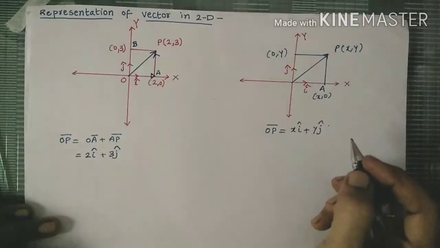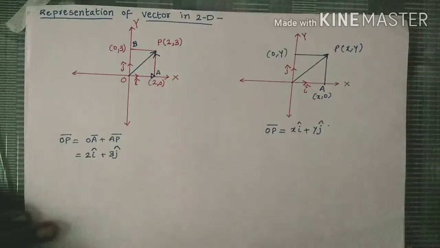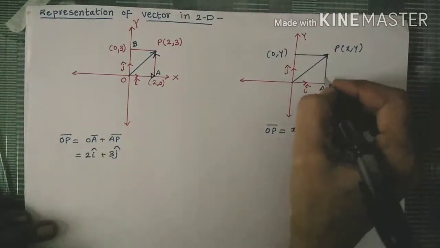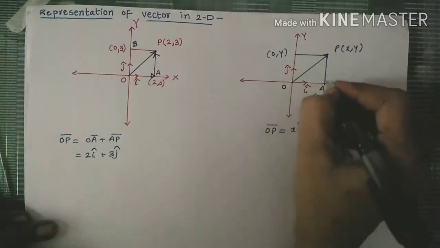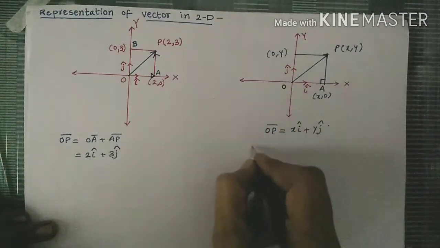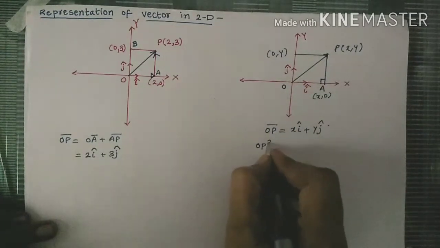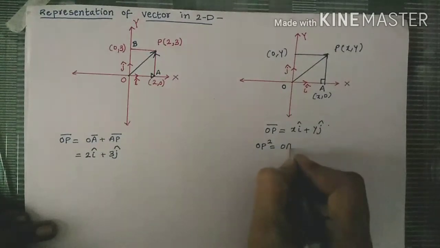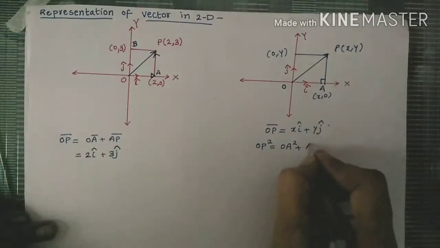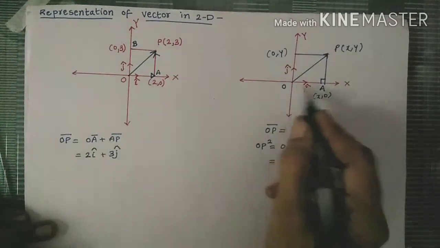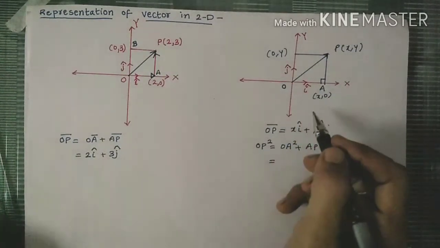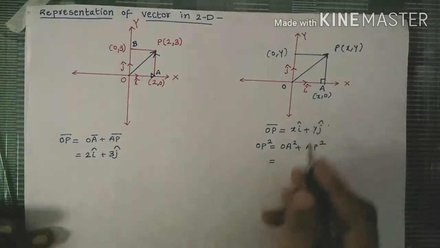Now let's find out magnitude of OP as well. Now this triangle PAO is right angled at A. So OP square equal to OA square plus AP square. Now length OA is modulus of x. x may be positive or negative, but length is positive.